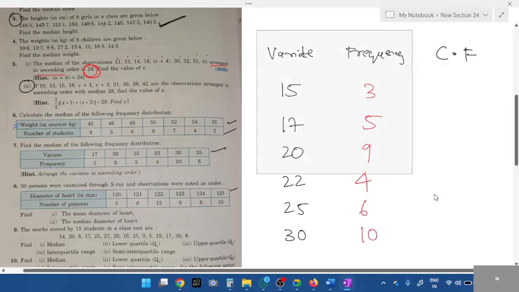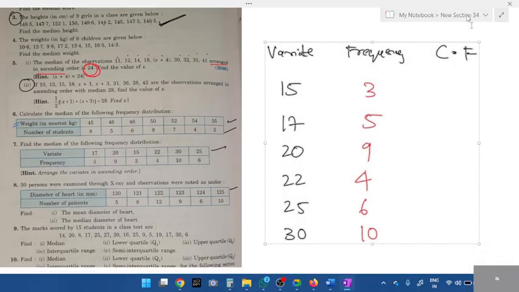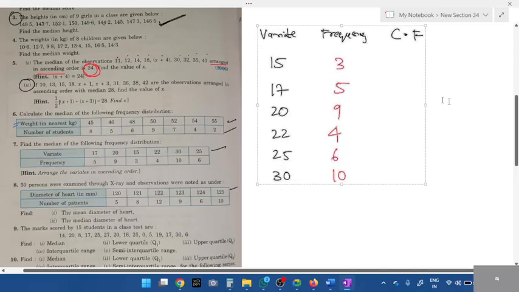Will you try this question now? Yes. Find the cumulative frequency. Check the last number, whether it is even or odd. Whatever you get here is n. If it is even, use the formula. If it is odd, do the next one.